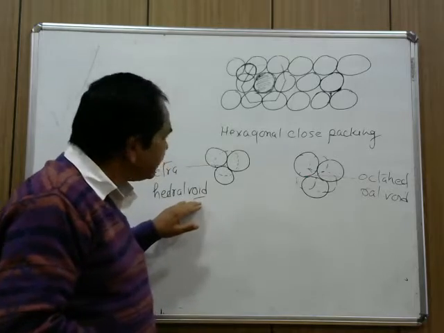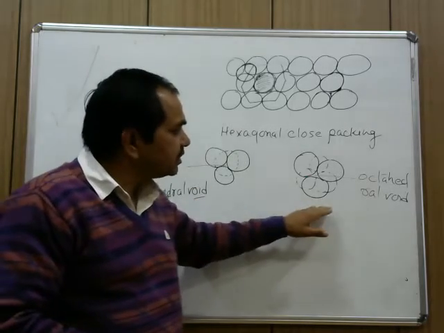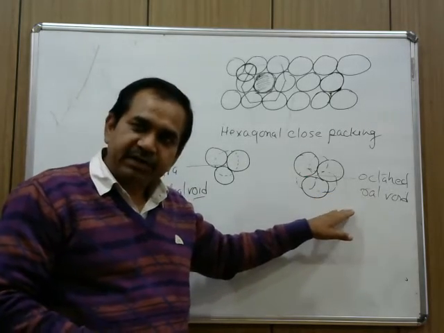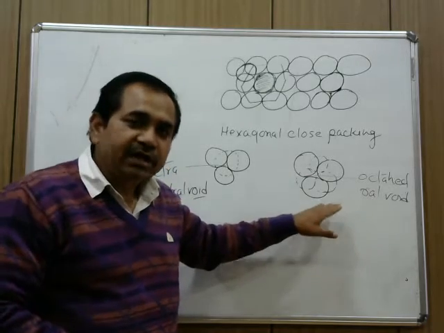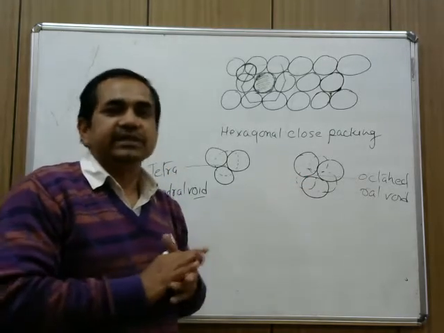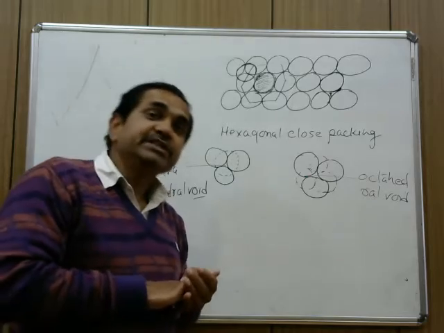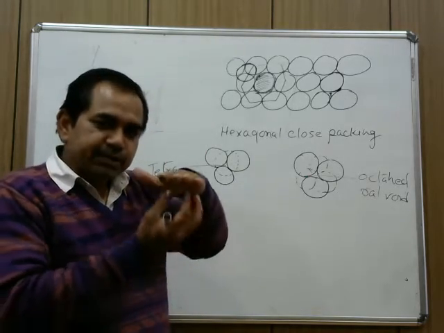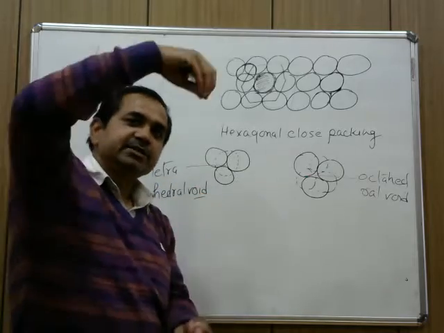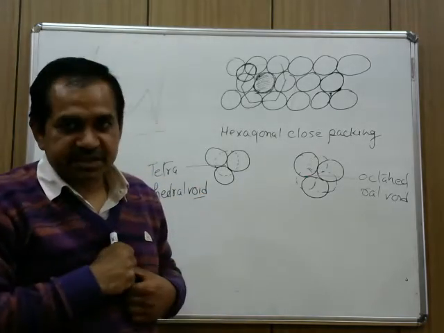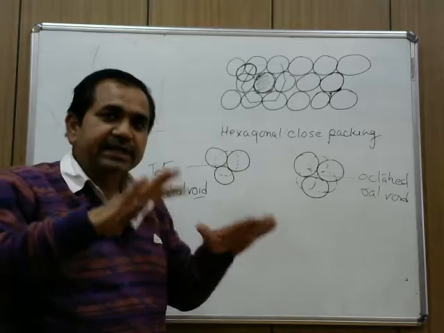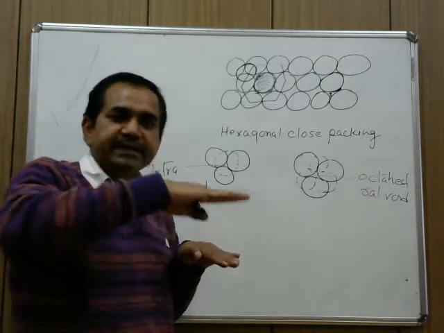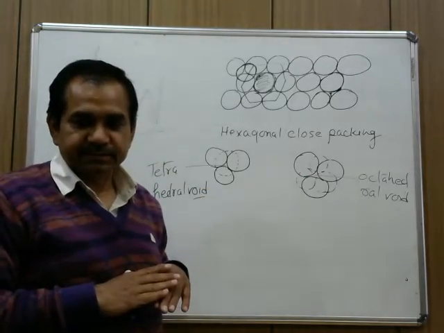One is called a tetrahedral void and the other is called an octahedral void. An octahedral void is actually a combination of two tetrahedral voids, in which one is pointing downwards and the other is pointing upwards. So that is how the second row of spheres is stacked.